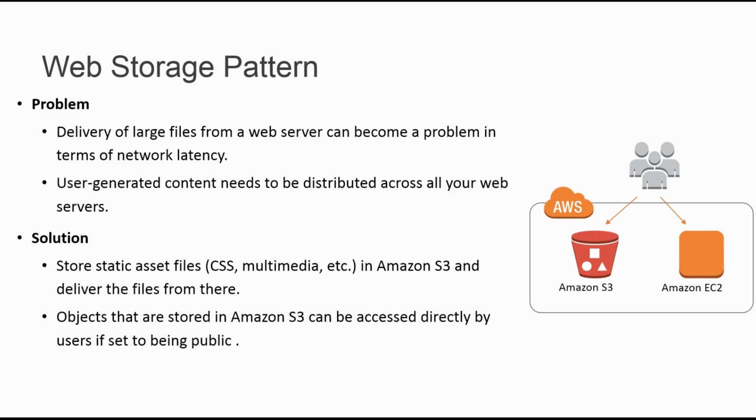Objects that are stored in Amazon S3 can be accessed directly by users if set to public. So you have the option to change the visibility of an Amazon S3 object to public. Once you do that, just with the URL, as we saw some time back, anybody can access your object with that public URL. But you have to be really cautious about whether you want to do that for your files or not, right?